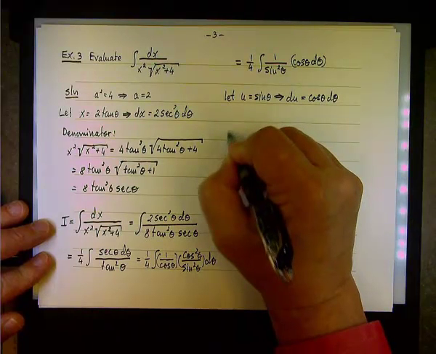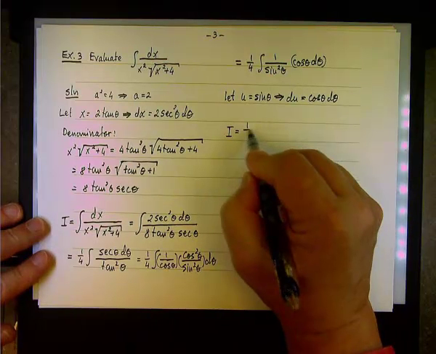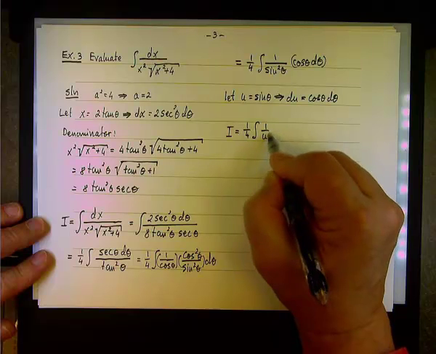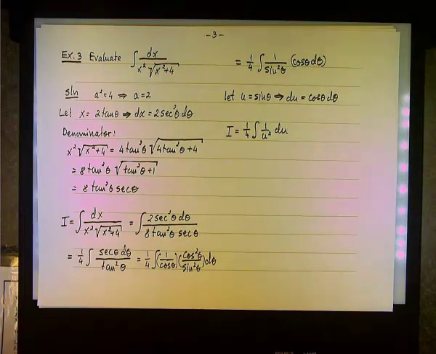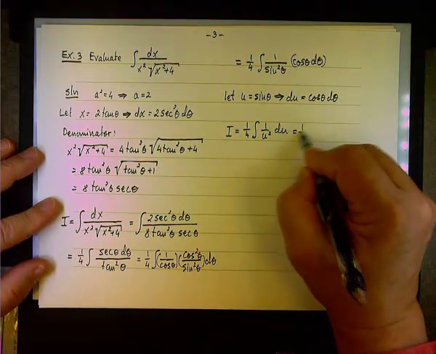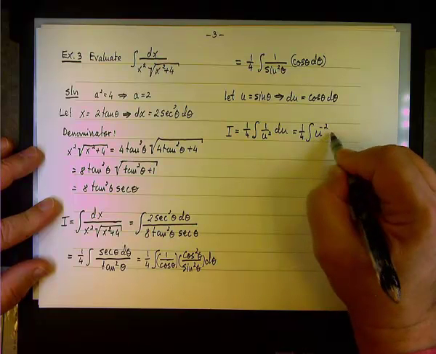Now our new integral is 1/4 integral of 1 over u squared du, or we can write it as the integral of u to the negative 2 du.